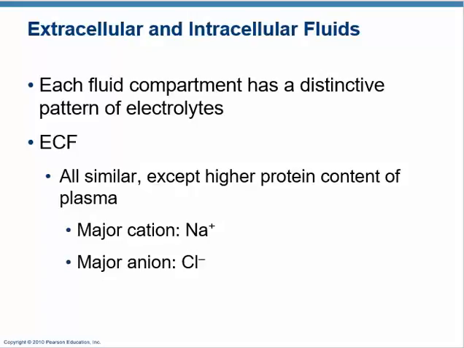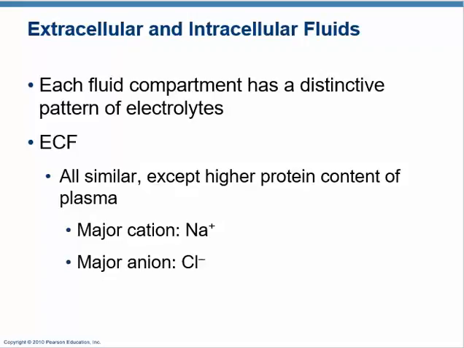So these electrolytes are not evenly distributed. Because of things like the sodium-potassium pump and the calcium pump, the various active transport pumps, we can move these things around, and we do.